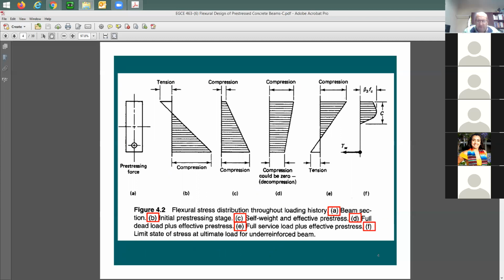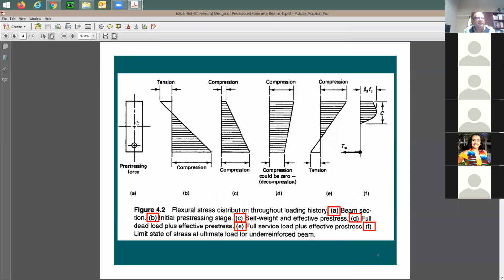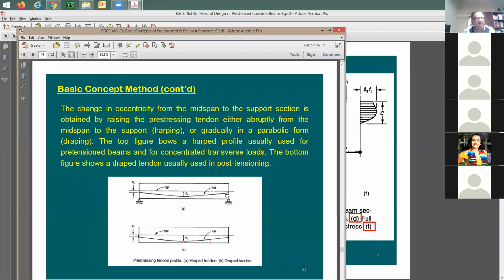Let me put it here for you for quick. Cable is gonna be doing this or like this. So this section is gonna be taken in the middle. It is not taken at the end of the beam.